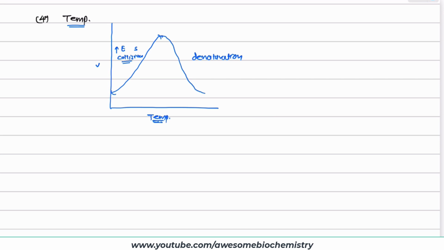We know that enzymes are made up of protein. So that protein may undergo denaturation, and so there will be a loss of tertiary structure of the protein, as well as loss of its active site. And so now the enzyme will not be able to bind with the substrate, and because of that there is a decrease in the speed of reaction.